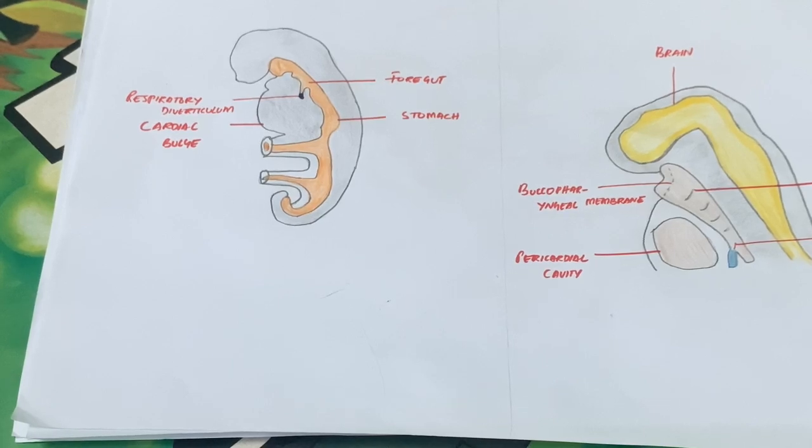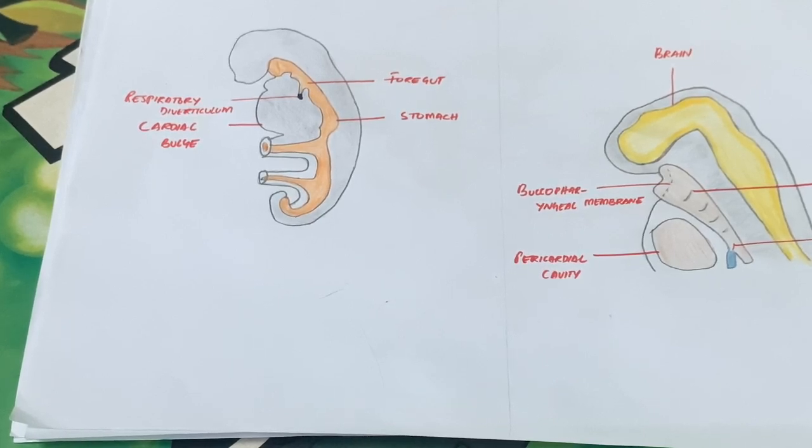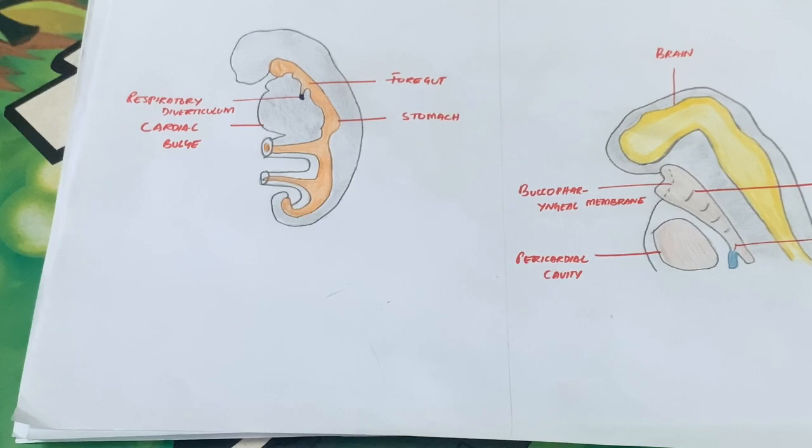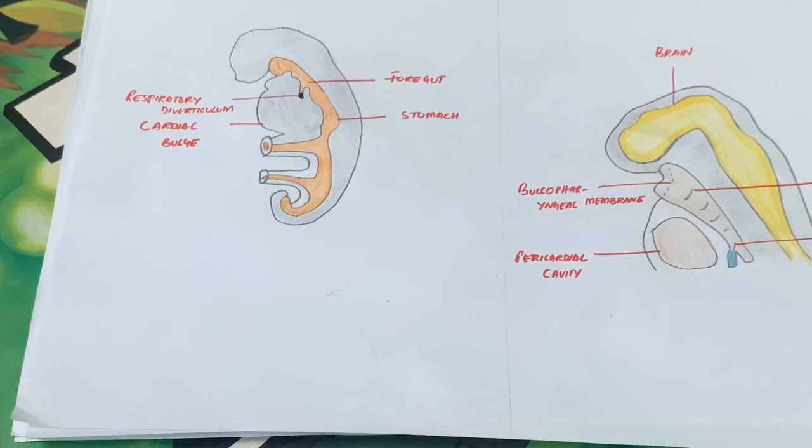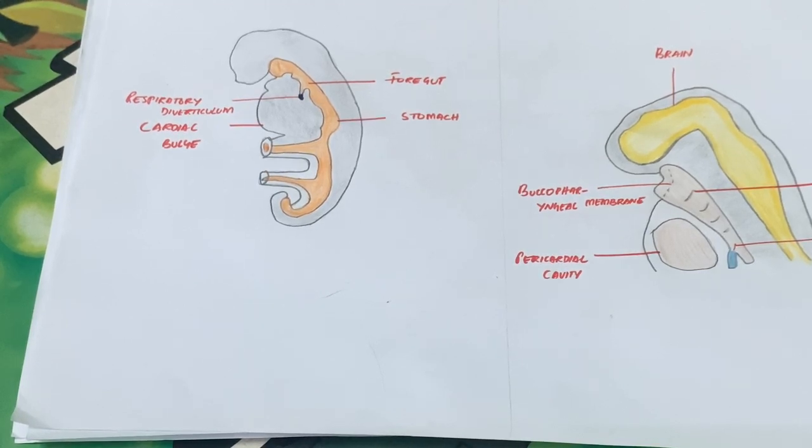Likewise, the cartilages like thyroid, epiglottis and cuneiform develop from the fourth arch, whereas the cartilages like cricoid, arytenoid and corniculate develop from the sixth pharyngeal arches. And the nerve supplying the larynx is the vagus nerve and its branches.